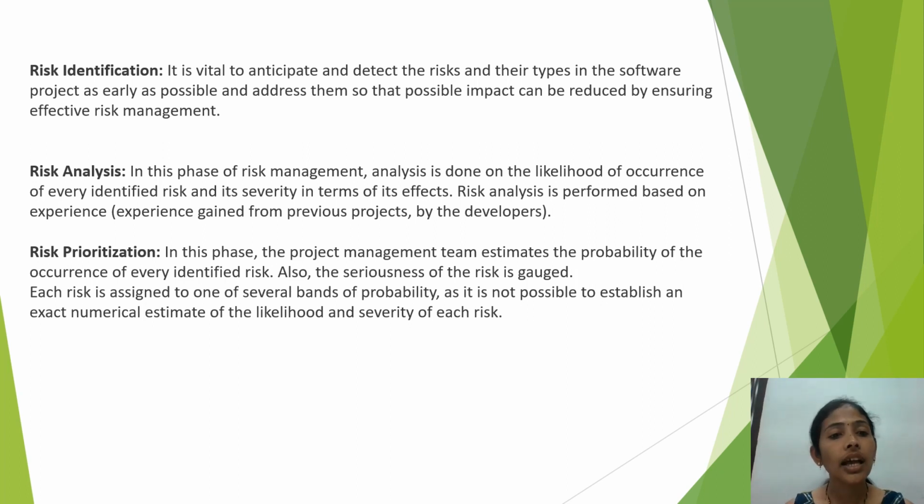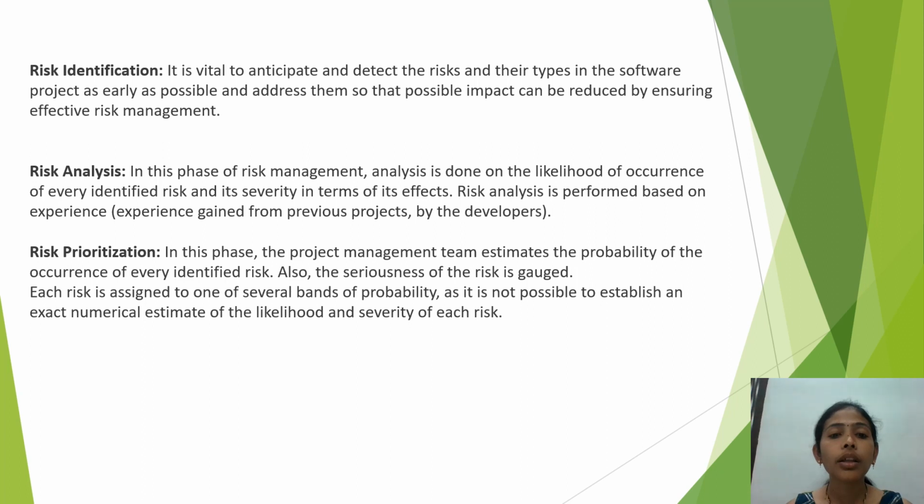Second one, risk analysis. In this phase of risk management, analysis is done on the likelihood of occurrence of every identified risk and its severity in terms of its effects. Risk analysis is performed based on experiences. Third one, risk prioritization.